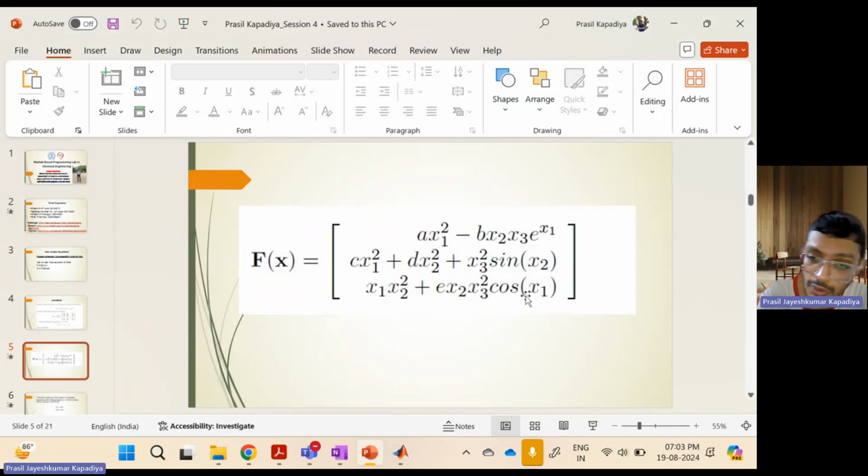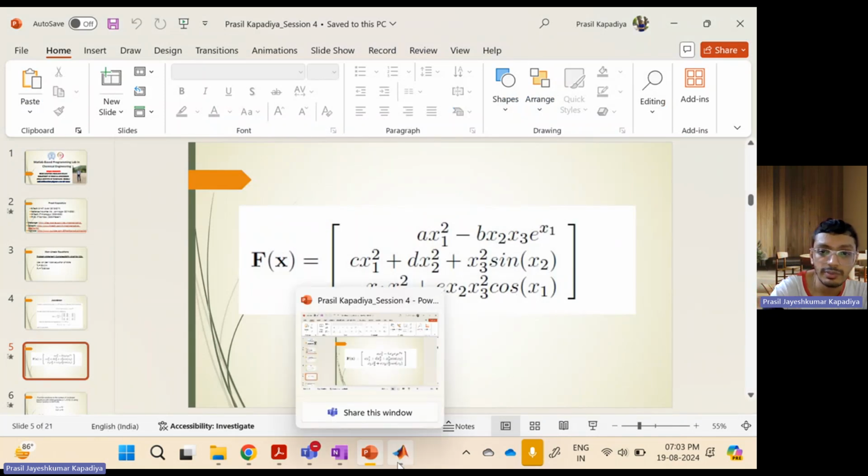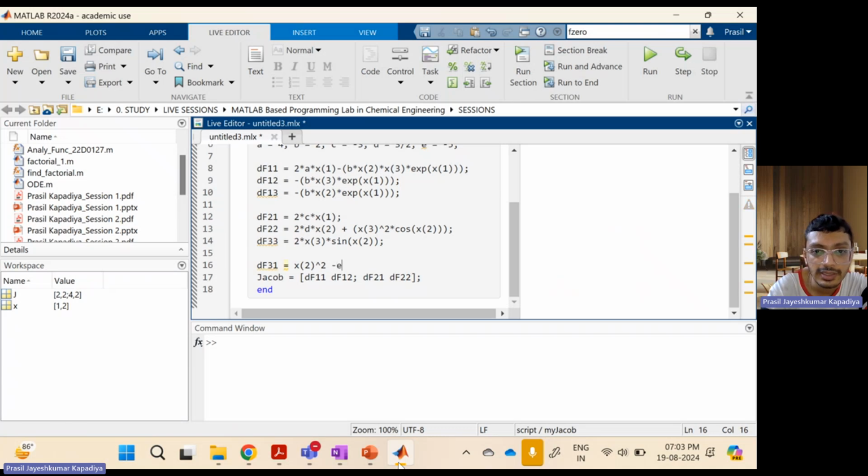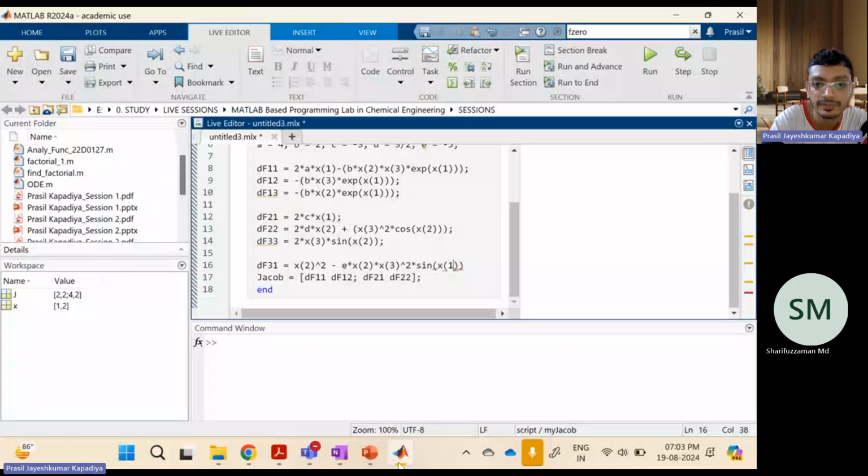So the derivative of cos is minus sine. So it will be minus e into x2, e into x2 into x3 square into sine of x1. Okay, so this is my df31.